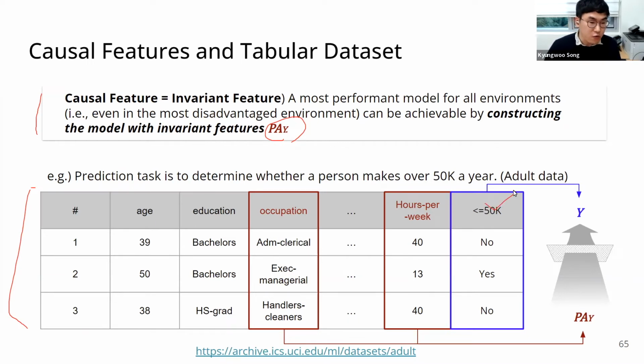Besides, we will assume that occupation and hours per week are the parents of Y, the invariant features. On the tabular dataset, we just utilize PA_Y as the input features if we know PA_Y. Then the model can predict Y well based on the invariant features.